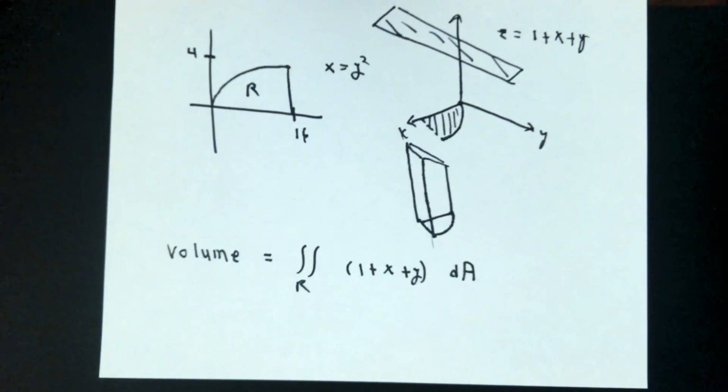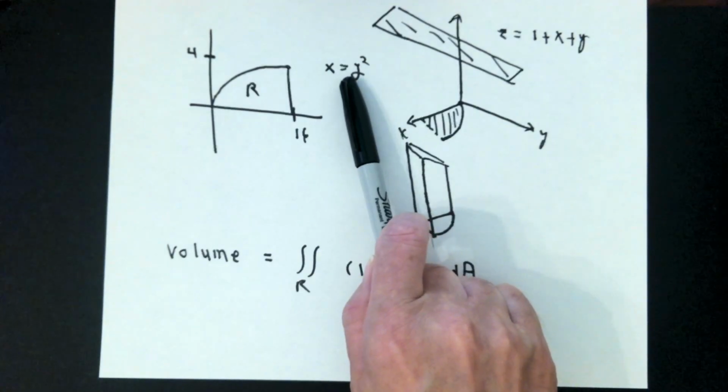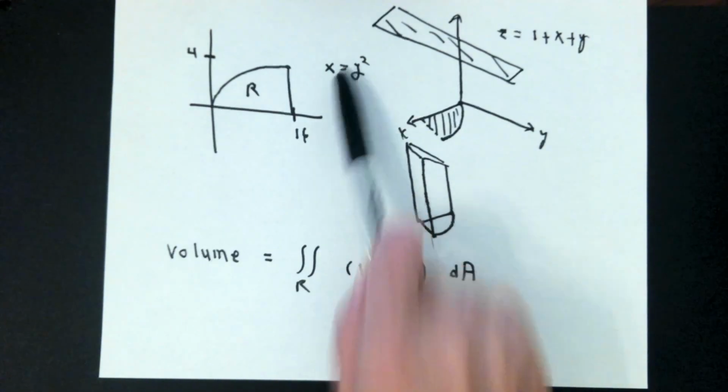If I want to convert this into an iterated integral, I have to decide which variable I should put on the outside. To begin with, just looking at the shape of the region, it's easier to describe everything in terms of y. In particular, I'm thinking about this x equals y squared.